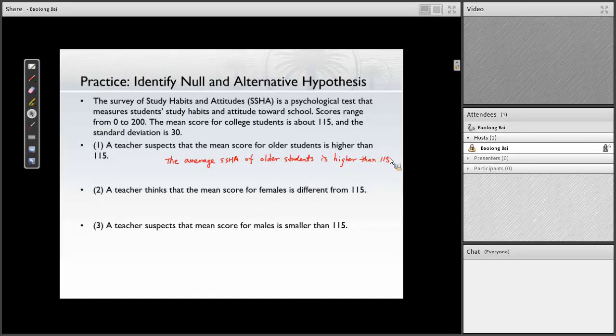Then this is a claim. It should be our hypothesis. What kind of hypothesis is it? Null or alternative? Is it stating something being the same or different? Apparently it's stating something being different. This would be alternative hypothesis, right?